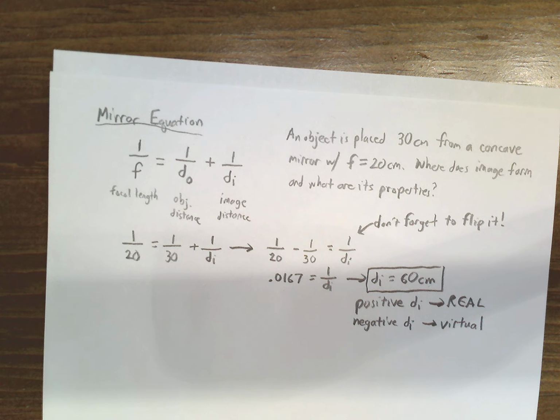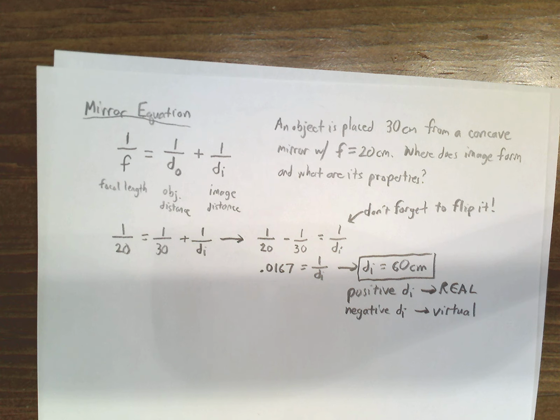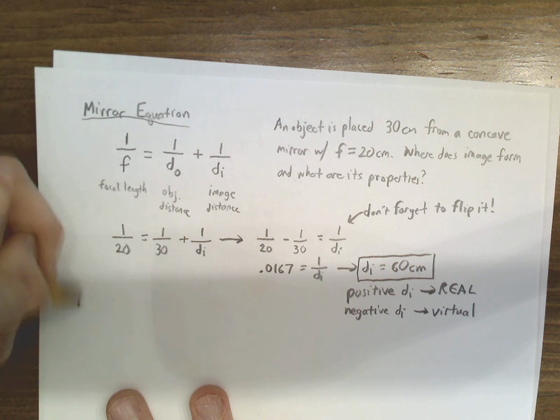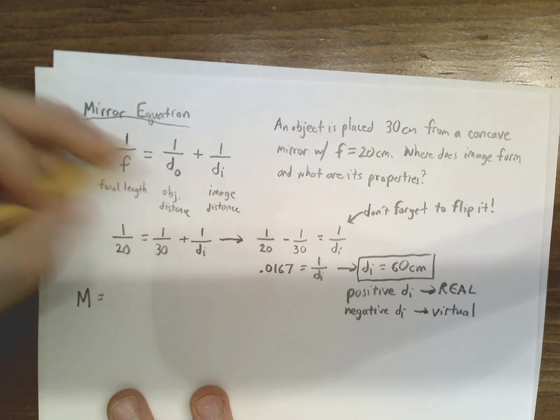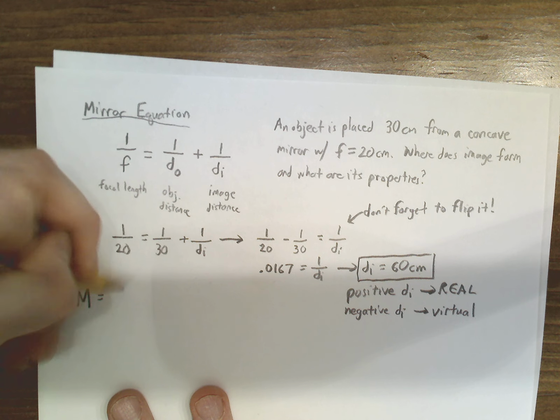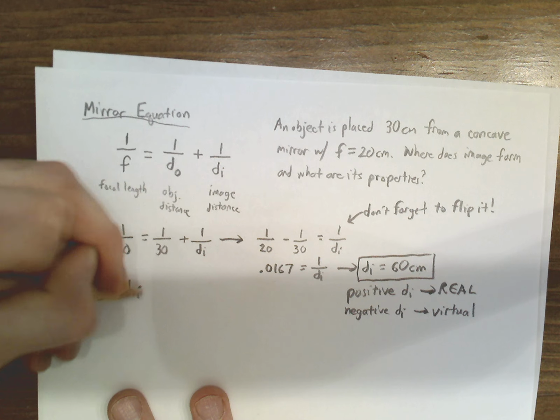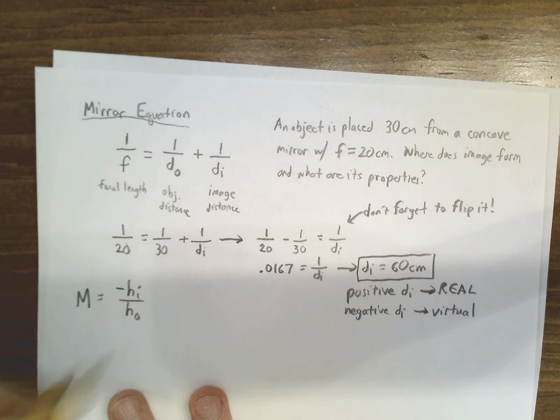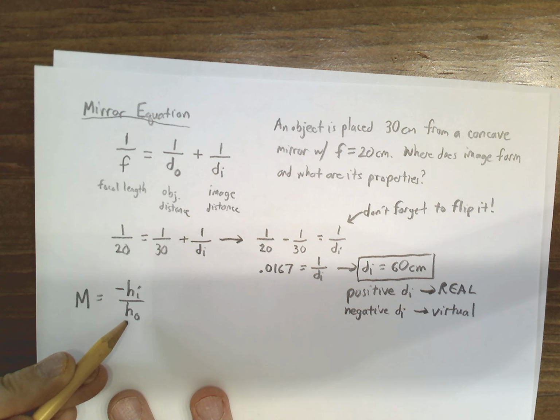We can now look at the other two, the orientation, inverted versus upright, and the sizing by looking at what's called the magnification. This is equal to negative hi over ho. Hi and ho are the heights of the image and the object.